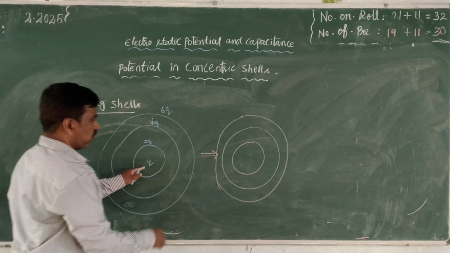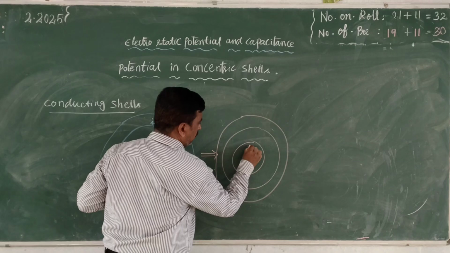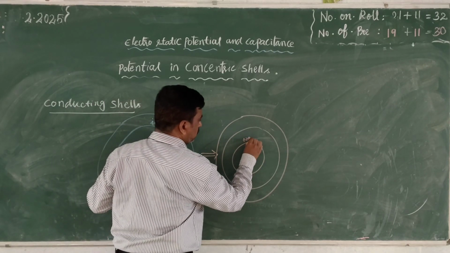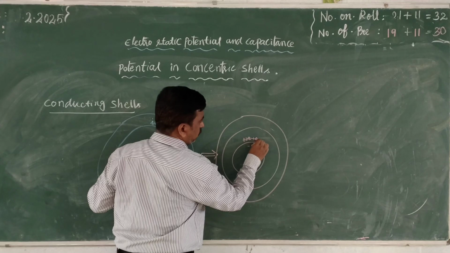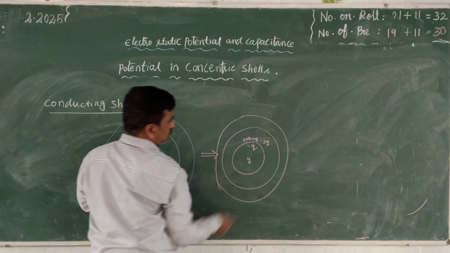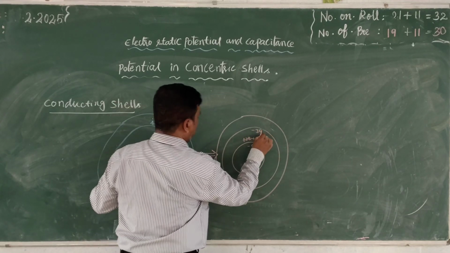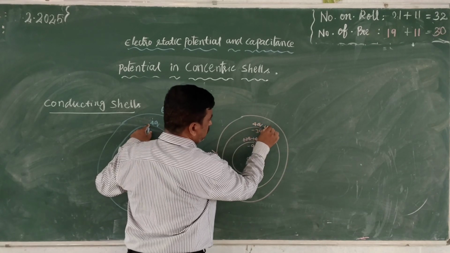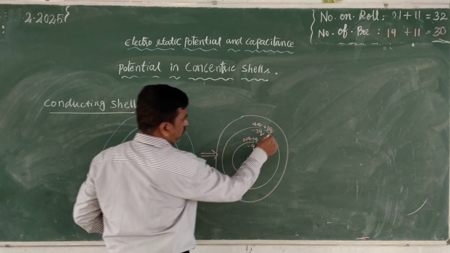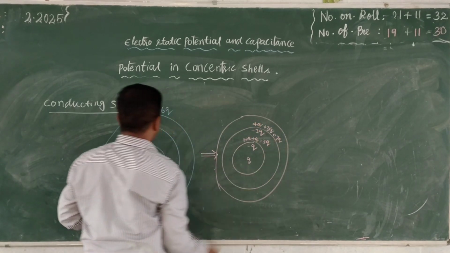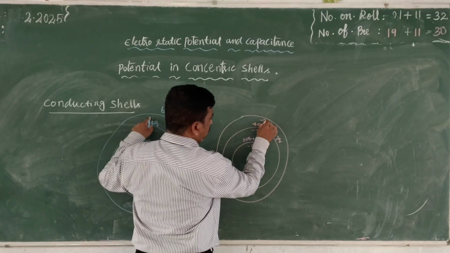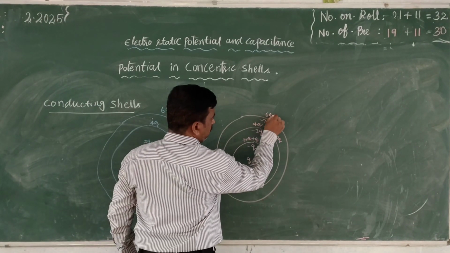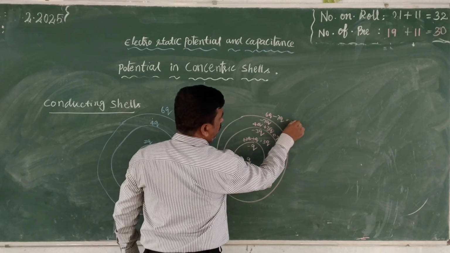See first one q, here we can write minus q, already 2q is there, 2q means here minus q is there, plus q, what we get, 3q. 3q means here we can add minus 3q, here 4q is there, minus 3q means plus 3q, here what we get, 7q. So 7q now, here minus 7q, and 6q is there, 6 minus 7q we get minus q.